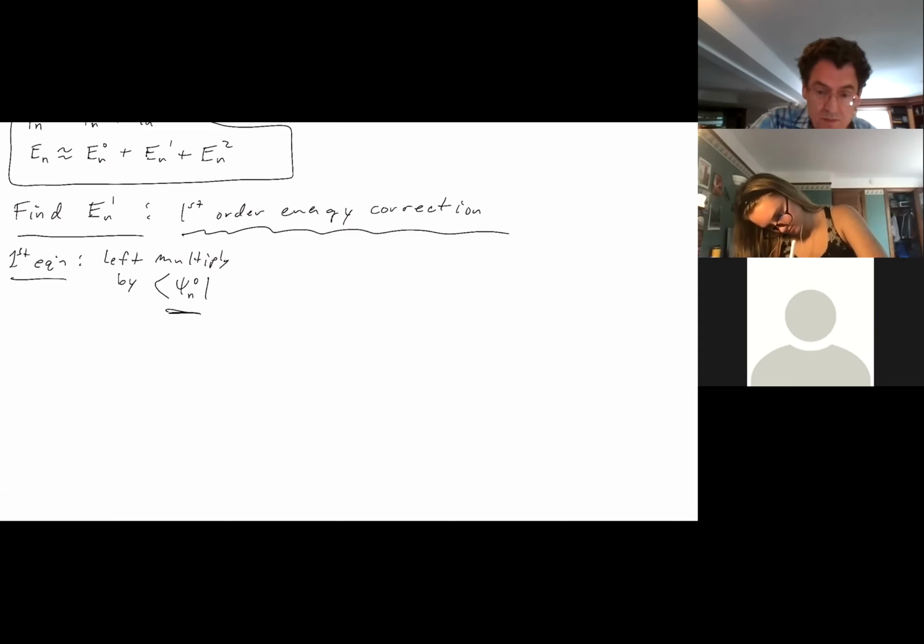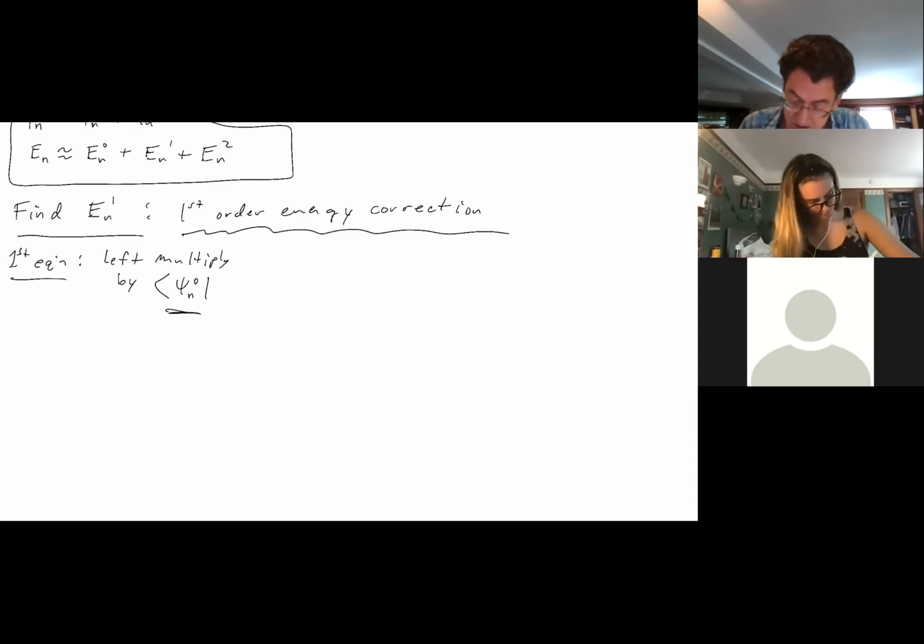And when I do that, what we see is, it's really nice, we get this equation. I'm going to write it below.